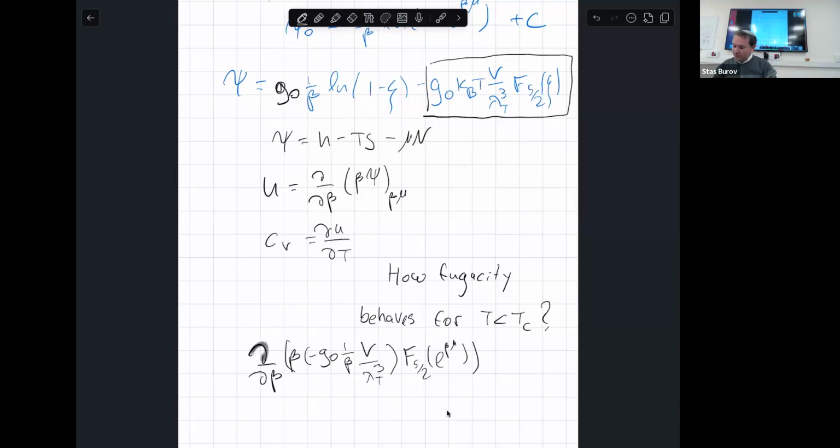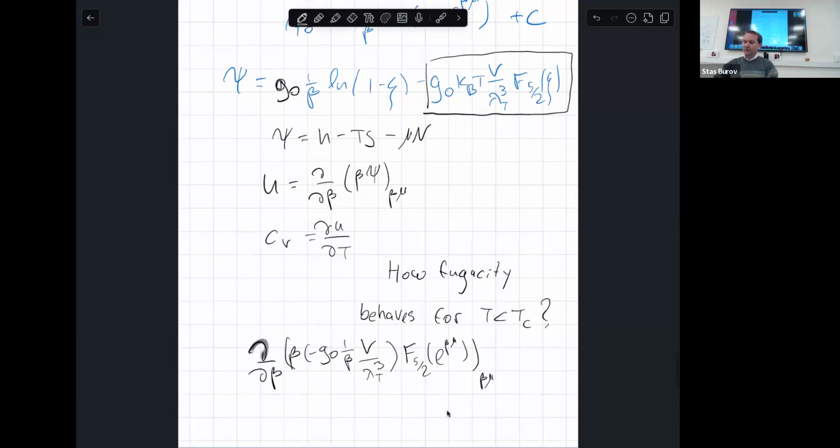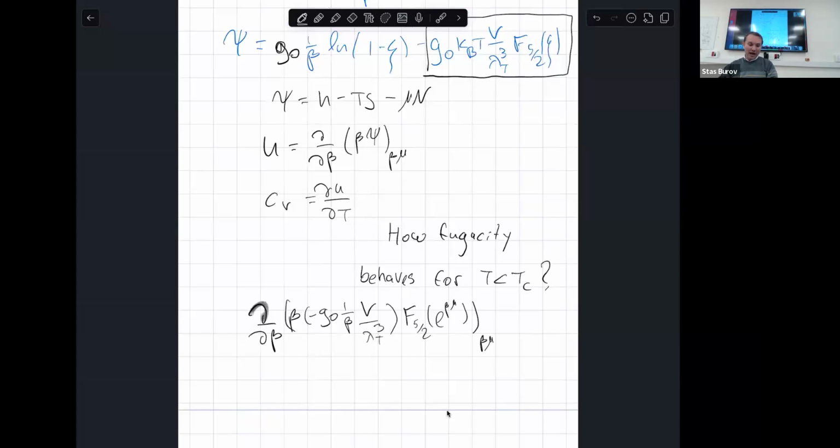And I take the derivative while keeping beta mu constant, okay? What I will obtain, and I'll spare you the exact derivation, is that u equals exactly 3/2 k Boltzmann T, g0 V over lambda t to the third power, f 5/2 of the fugacity.